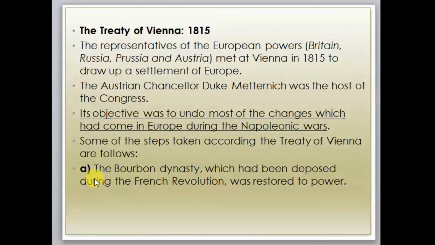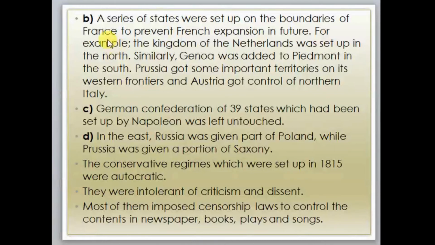Now the question is, what were the steps taken according to the Treaty of Vienna? First step, the Bourbon dynasty was restored to power. Bourbon dynasty, which had been deposed during the French Revolution, was restored to power again. Second step was taken. A series of states were set up on the boundaries of France. Why?